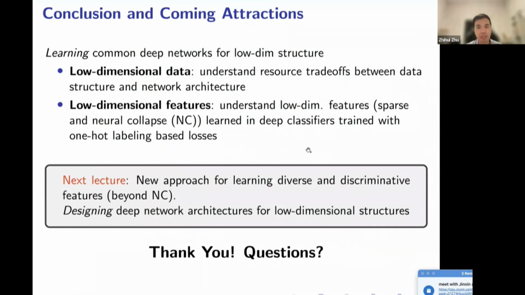In the same lecture and in these lectures, we have talked about learning with deep networks for low-dimensional structures, either for low-dimensional data points or for low-dimensional features, in several aspects. In the next lecture, we will talk about a new approach for learning discriminative but diverse neural collapse features. Based on this, we will talk about designing deep network architectures for low-dimensional structures.